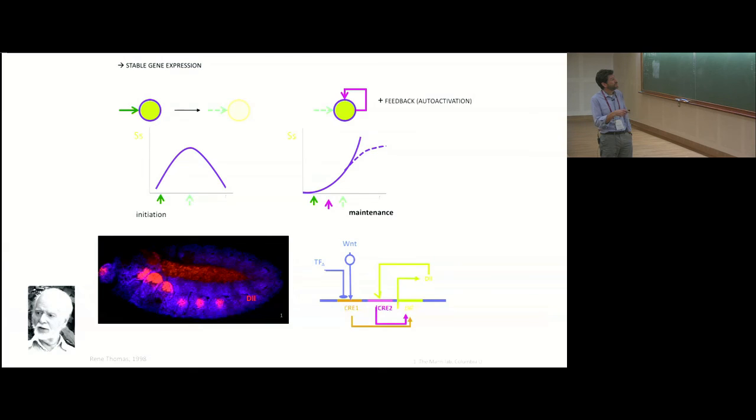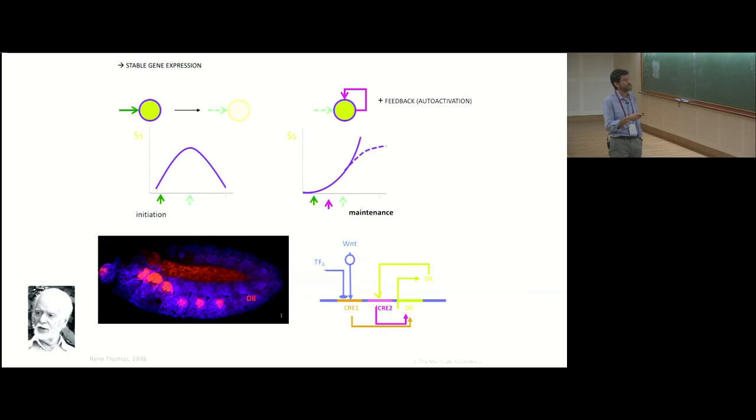So René Thomas started trying to understand how these reactions can be controlling processes. He started by saying, okay, if I have one gene, and it's activated for a while, if I initiate this expression and then I remove the stimulus, then gene expression is going to go down. So this will give rise to a pulse. What if I want to maintain the expression of the gene? One way in which you can maintain it is by making it autoregulatory, and we see this many times in transcription factors.